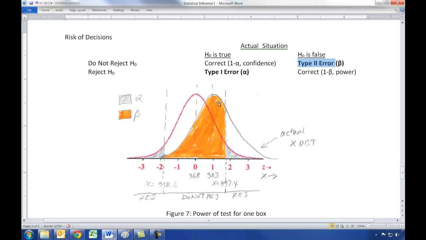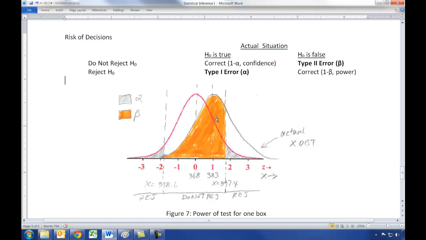Let's look at this graph. Let's say the true mean is no longer 368. It's already off by 1 standard deviation. So the true mean measured in the x scale is now 383 grams.